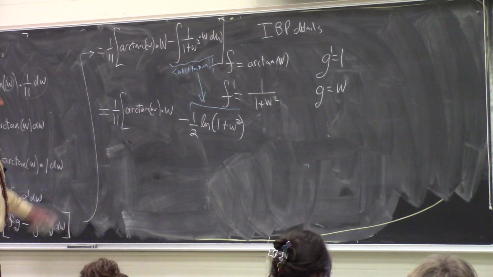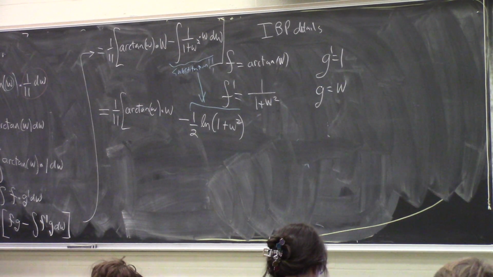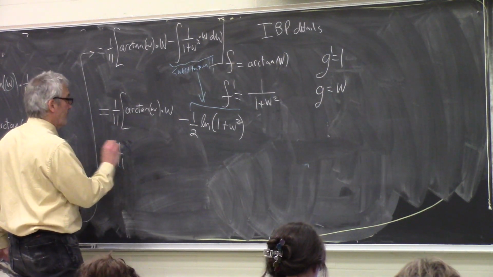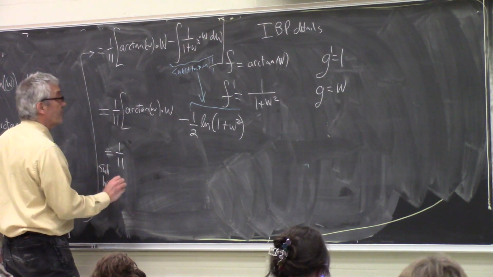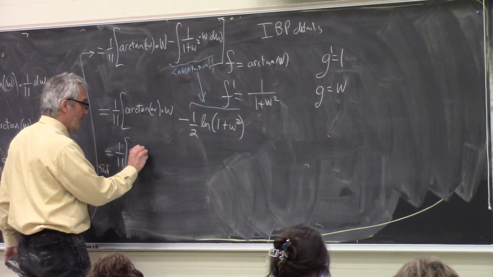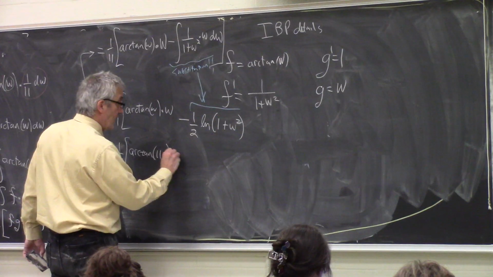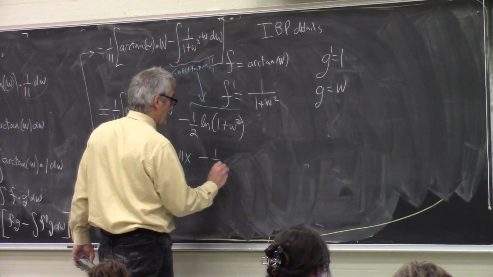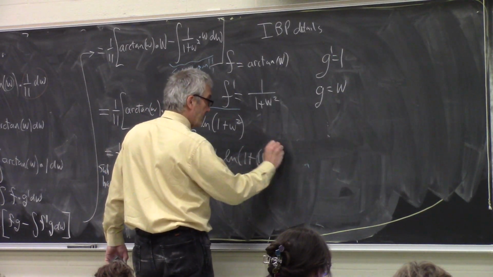But this is still a substitution problem. Dang it. So w is 11x. So this is 1 over 11, so we're going to substitute back. 1 over 11 times the quantity arctan of 11x times 11x minus 1/2 ln of 1 plus 11x squared.